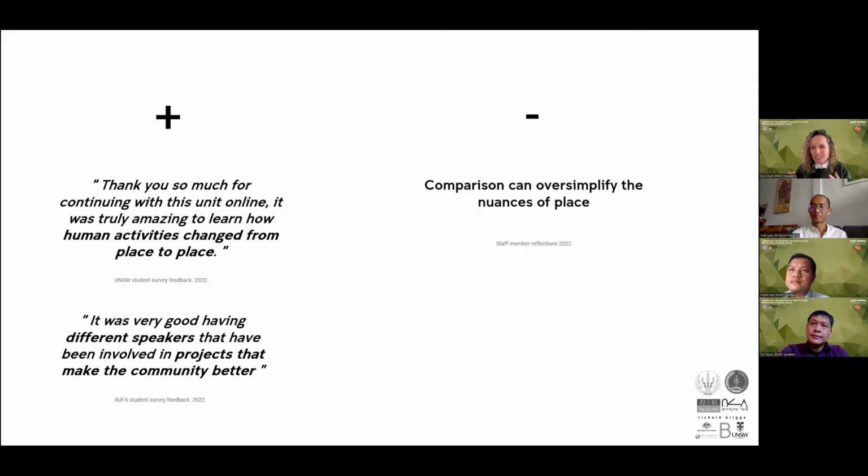In terms of the challenges we faced, going back to this same point, the lack of really visceral or physical connection to street life being compared meant there was a risk of oversimplifying the nuances of place and the nuances of what students were hearing from residents and street users.